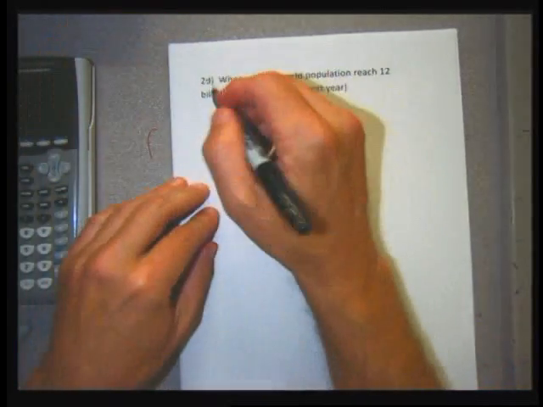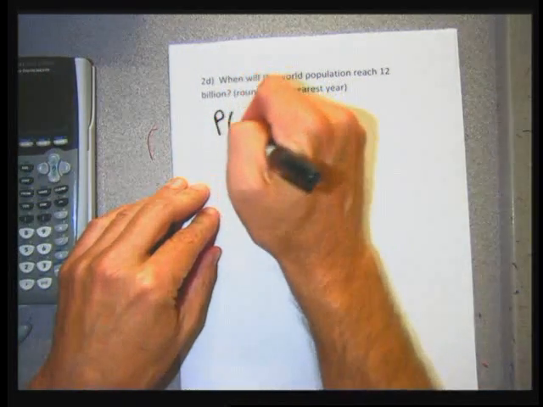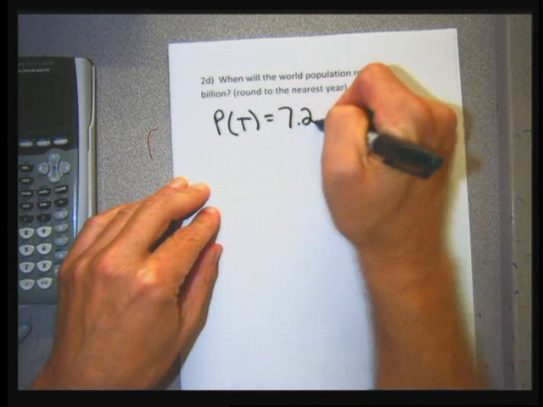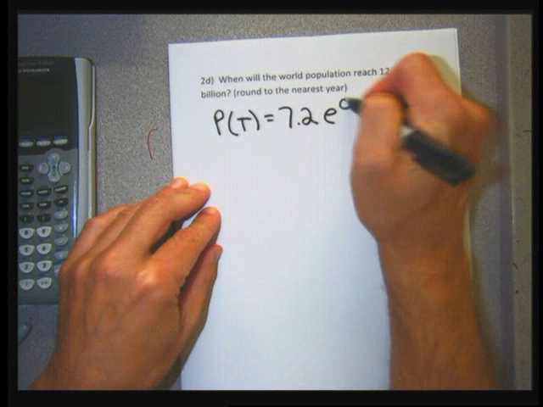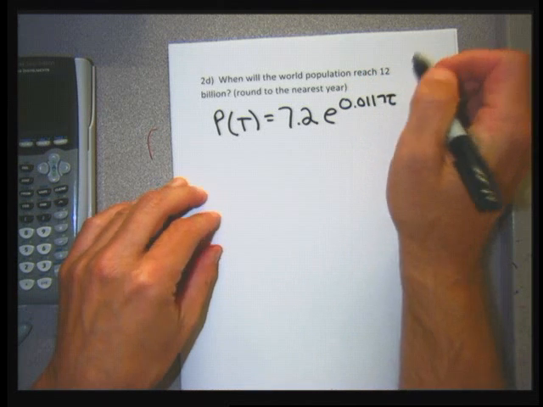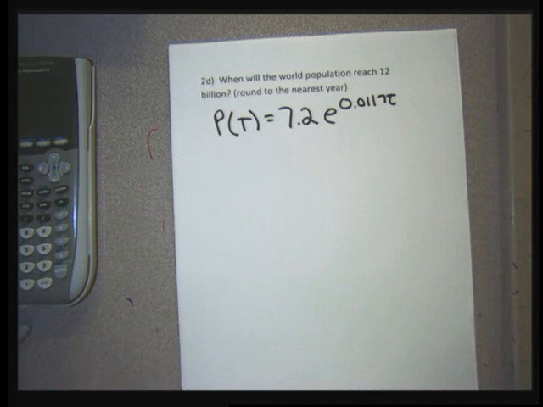I'm going to need that formula, so I'm going to write that formula down again, because that's going to be relevant. So the formula says P of t, the world population, can be found by taking 7.2 times e to the 0.0117 t power, where t equals 0 is 2012.